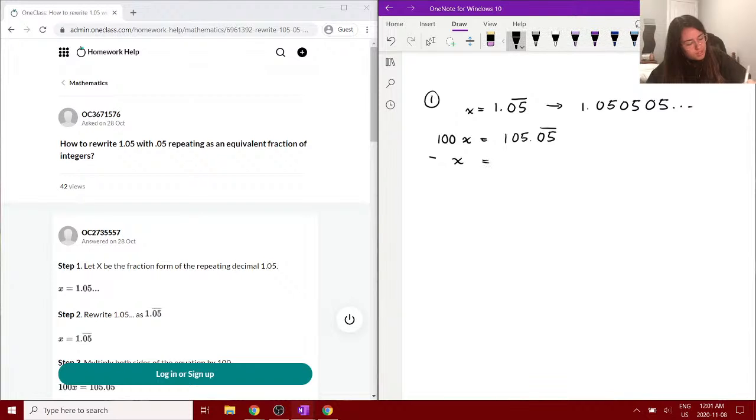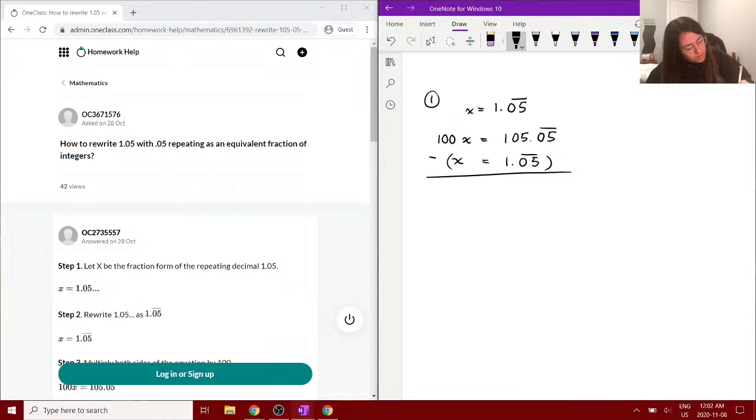So we're subtracting x equals 1.05 repeating so that we can get rid of this repeating decimal here, because, like I said before, this is what it looks like when it's expanded. Every single one of those decimals will line up and cancel each other out, okay?